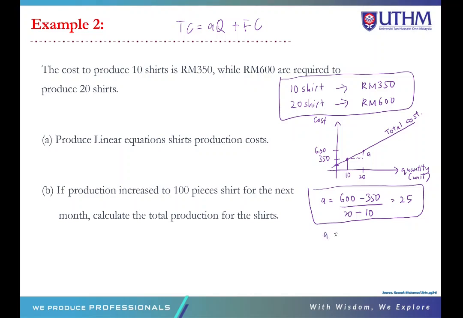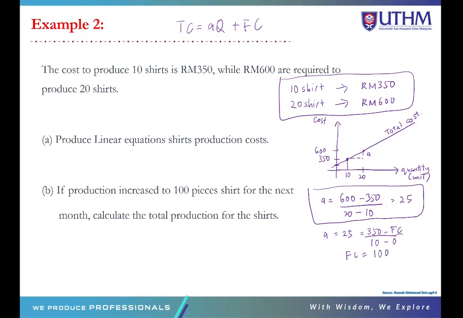So A, which is 25, equals 350 minus C, where C is the fixed cost, over 10 minus 0. So now we get fixed cost equal to 100.